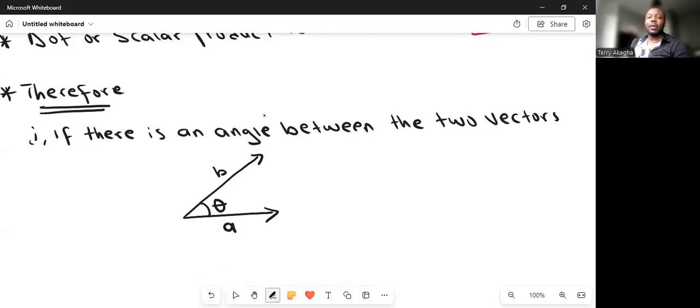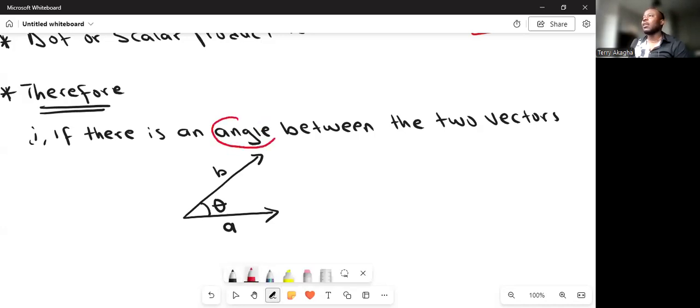And A and B are represented in terms of X, Y, and Z components, either in three components X, Y, Z, or in two components X, Y, but you have an angle. So the key thing when you're solving this is that there's an angle between the two vectors.